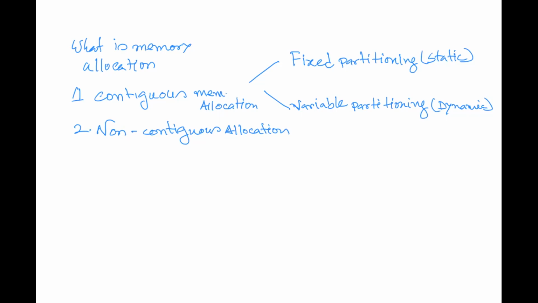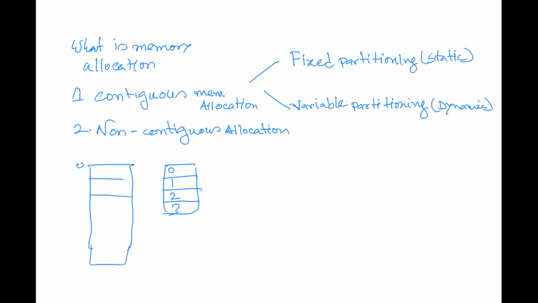Let's see what contiguous memory allocation is. By definition, in contiguous memory allocation all the addresses of the logical address space are placed contiguously in the physical address space. What does it mean? Logical address space means the process address space for any process. Let's say this is the address space for a process, 0, 1, 2, 3, and this is our RAM, 0, 1, 2, 3, 4, and 5.